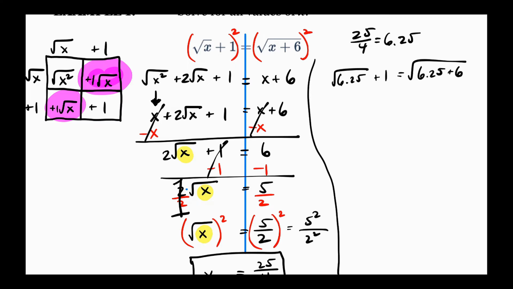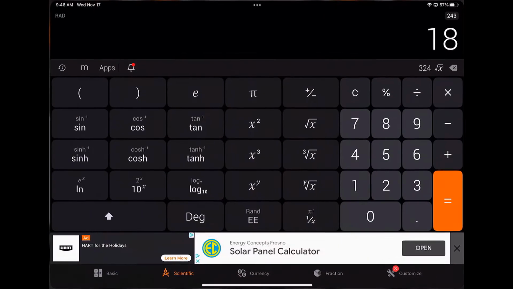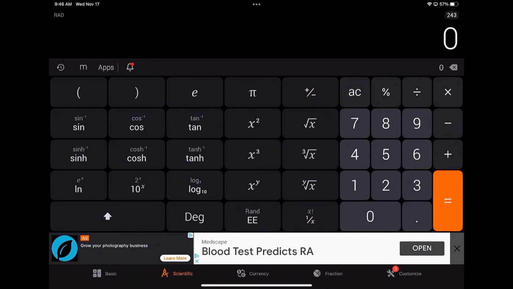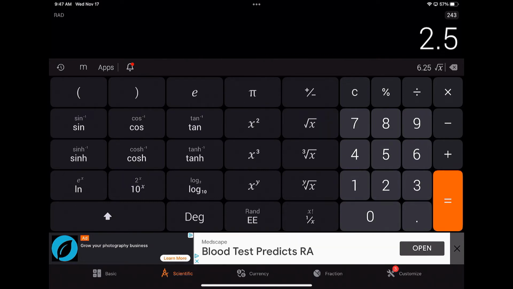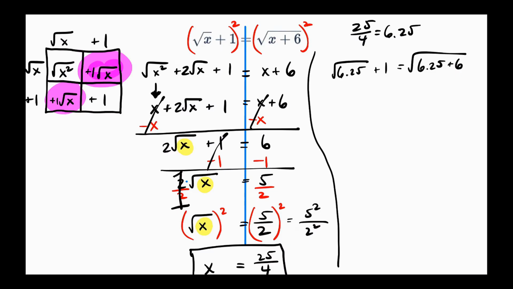So what is the square root of 6.25? If you get your calculator, most of your calculators look like this. So you hit 6.25 if you have a phone calculator anyway, 6.25, and then this button right here that I'm holding, 2.5. 2.5 times itself makes 6.25.